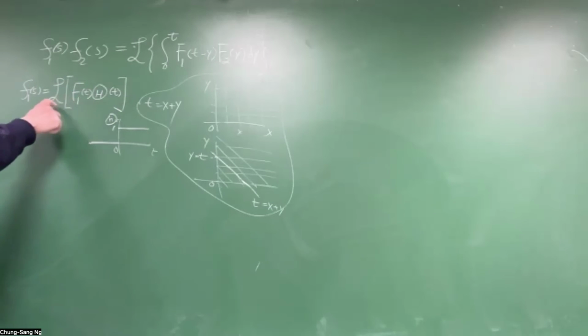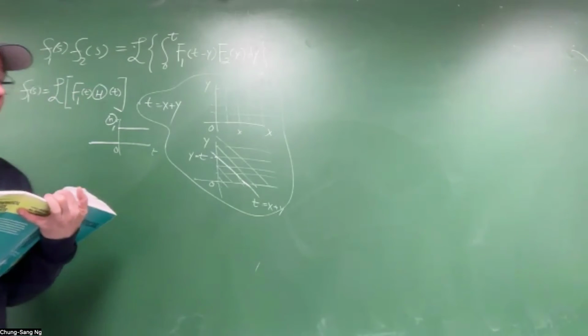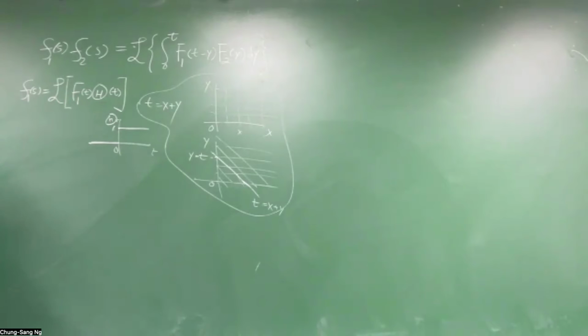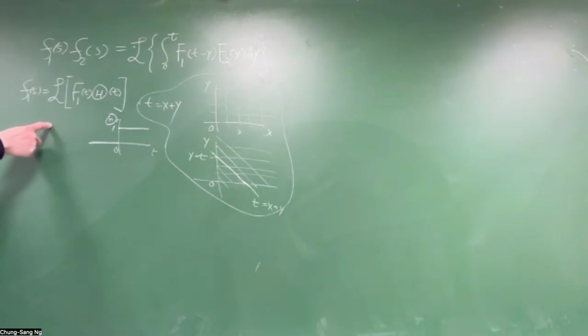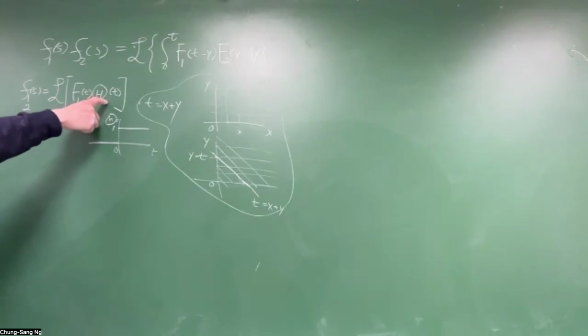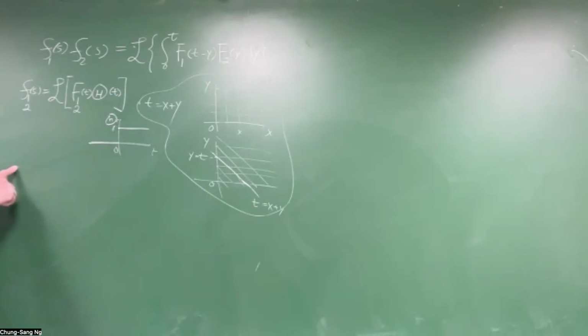We can always do that because the Laplace transform involves integration over positive t, so multiplying by a theta function doesn't matter. It's still the same. Likewise, f2 you can define by multiplying by a step function also.